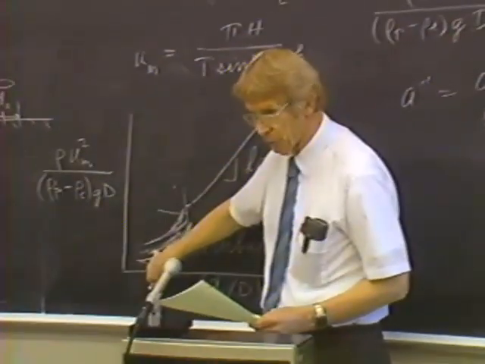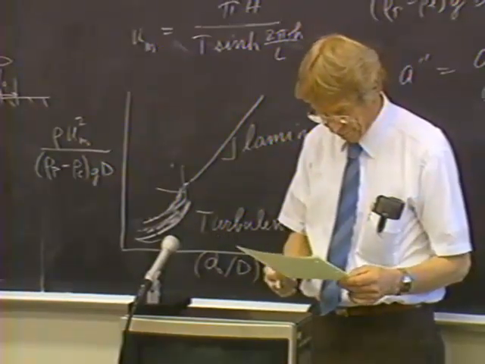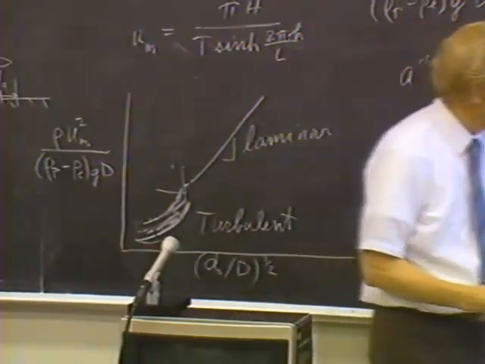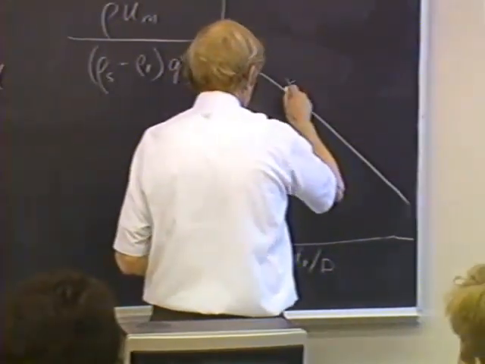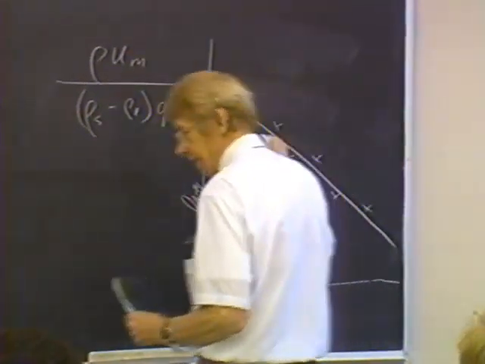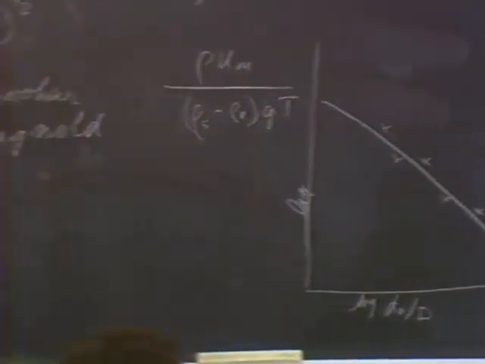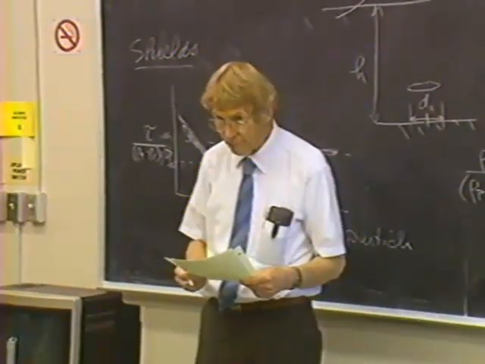So if the value you find plots up here, then you have motion. If it plots down here, you don't have motion. So he provides a means of determining whether you have motion or not.